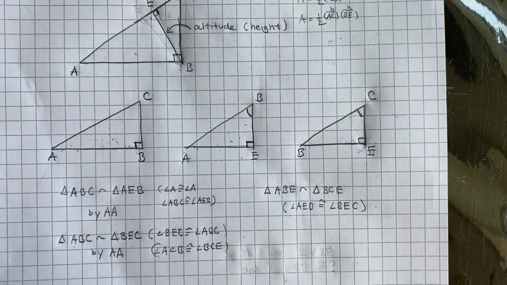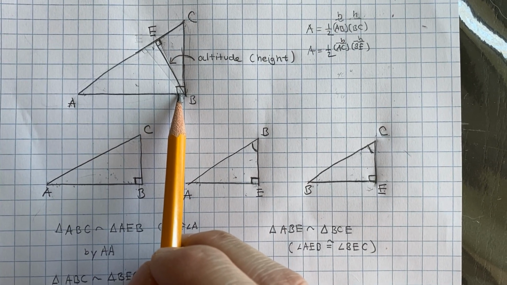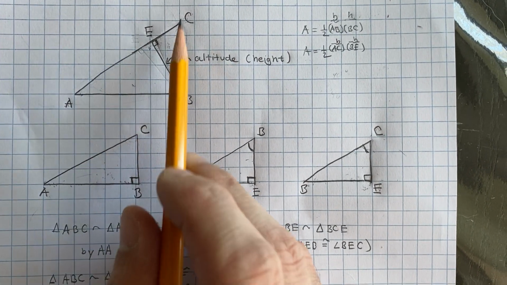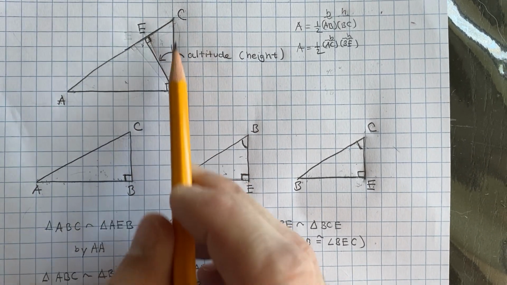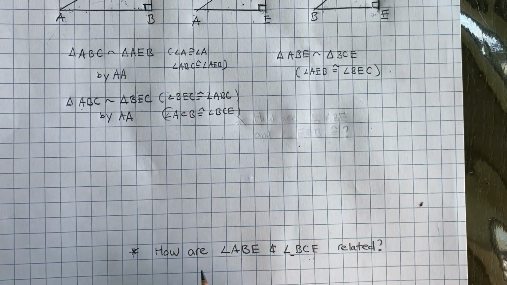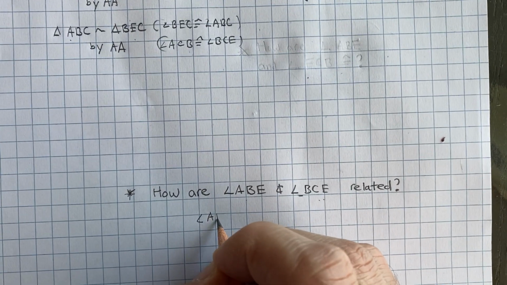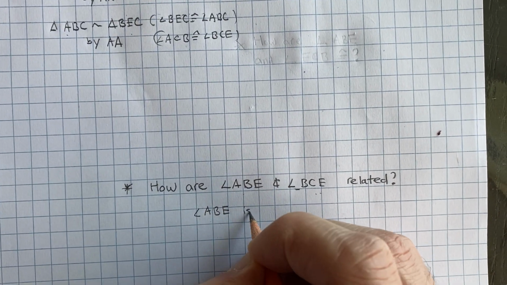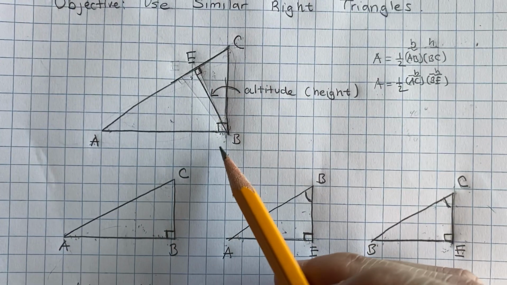What I could say about angle ABE, this angle right here, and this angle, which is CBE, I could say that angle ABE and angle CBE, this angle right here, are complementary, okay? So angle ABE, and I'm going to abbreviate, complementary to angle CBE, right?